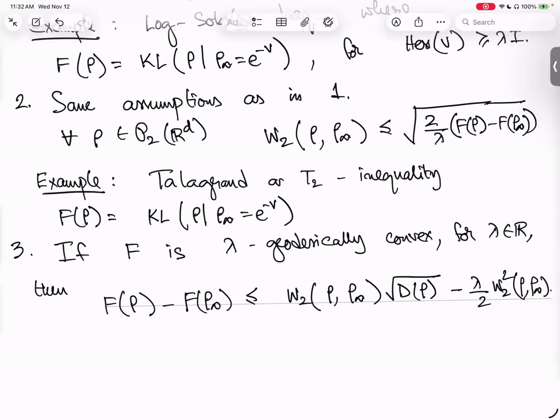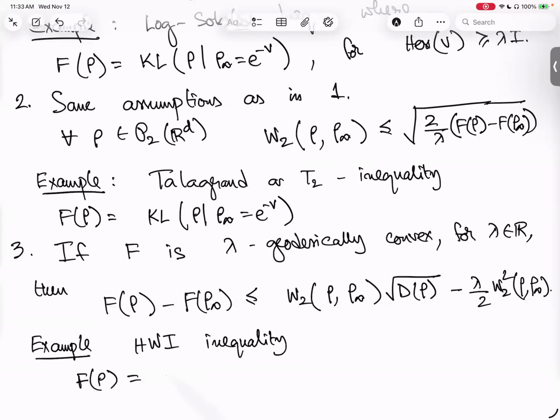And so an example of this is the so-called HWI inequality, where again, my function f of rho is Kullback-Leibler with respect to rho infinity, which is e to the power minus V. And now I don't actually assume that V has to be convex. V just has to be semi-convex. And so I just assume that the Hessian of V is greater than or equal to lambda times identity.